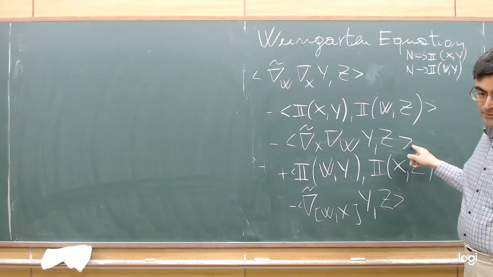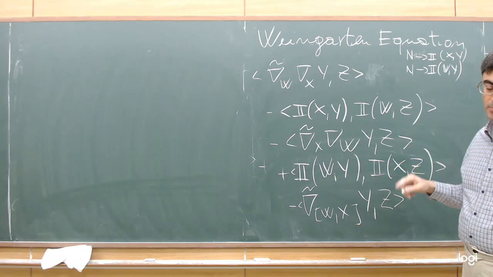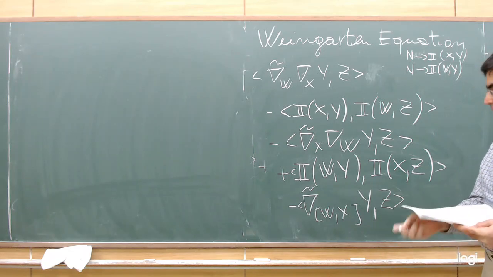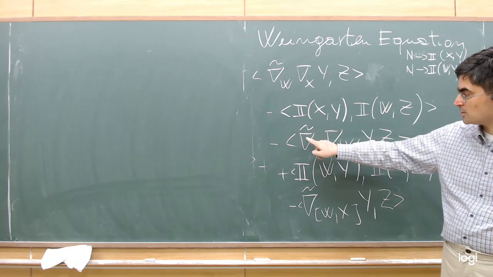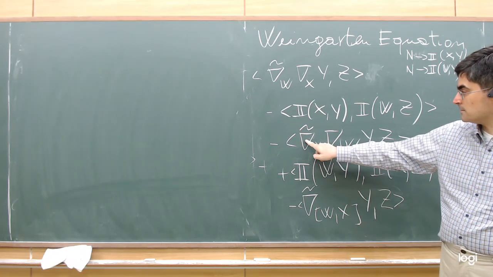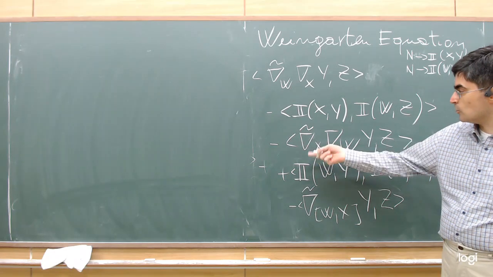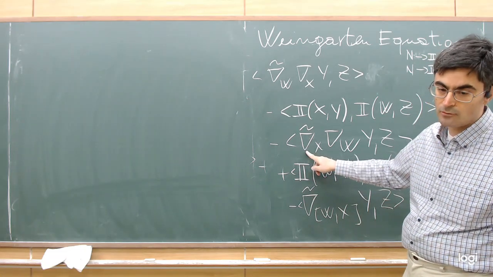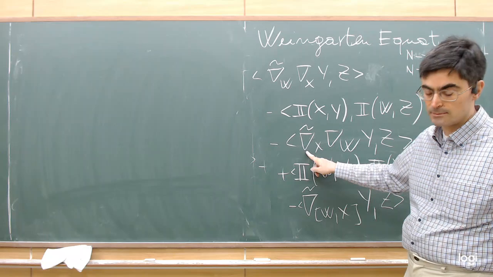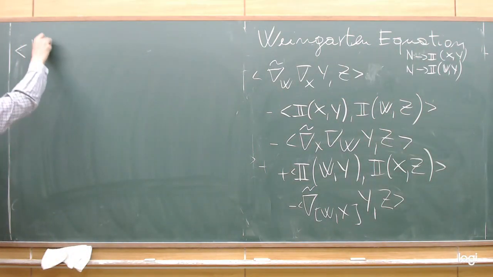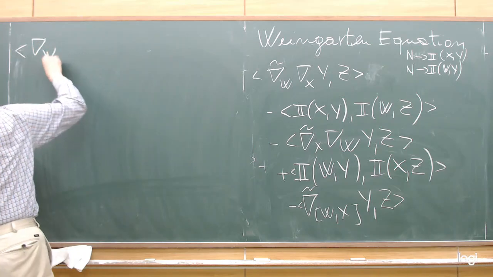So you get 0, and this means that only the inner product involving the tangential part survives, but the tangential part is the one involving the Levi-Civita connection of M, that is nabla. So this means that you have only terms like this.